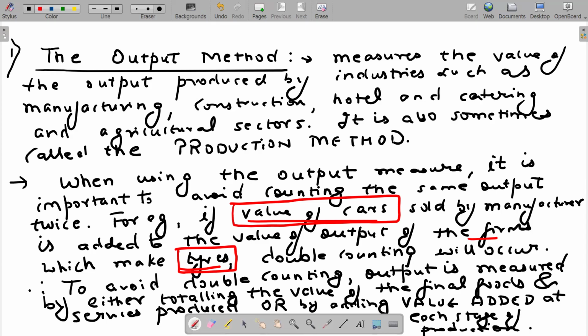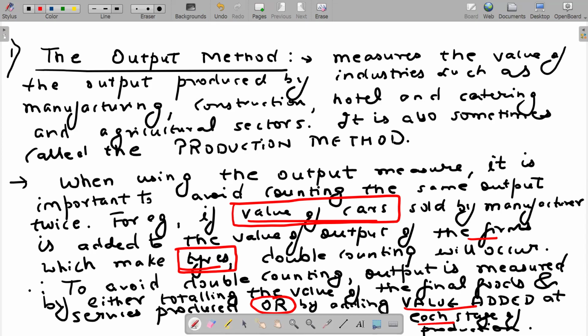So students, what I'm trying to say is, when you want to calculate the GDP using the output method, there are two approaches. Either you take into account only the value of the final output, or you can take value added at each stage of production.